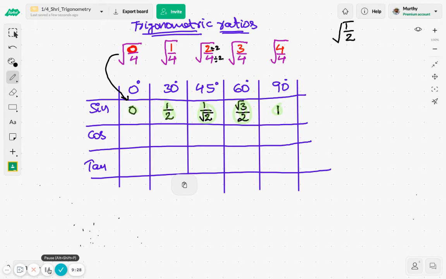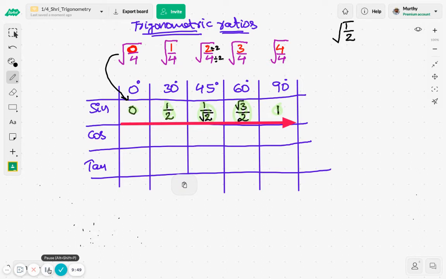Whatever the sine values are there, if you write them backwards, those all are cos values. What? Come again? Whatever values you have, like sine 90, I know it is 1.